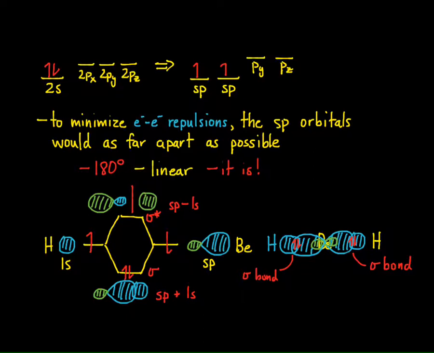So there is no change if we rotate about that bond, which we'll get into a little bit later. And of course, also recognizing there is an empty pz orbital and an empty py orbital. So this gives the best representation of beryllium hydride, linear, showing the 2 sigma bonds that exist.